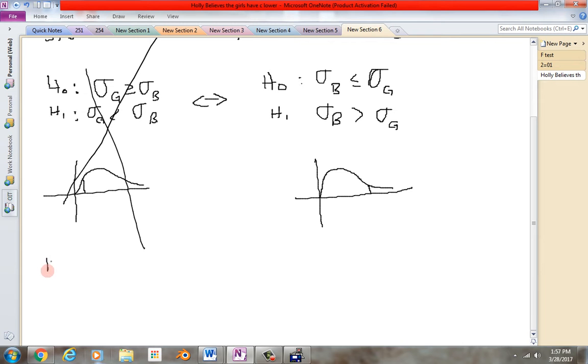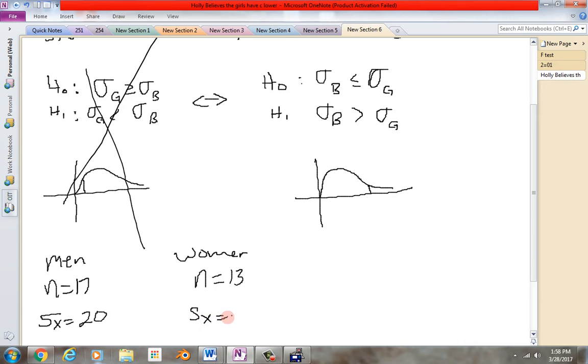So she takes a sample, obviously, the men and the women. And she samples 17 boys, and she finds that the standard deviation for them is 20, which is ridiculous. And 13 girls, and she finds the standard deviation is 14.